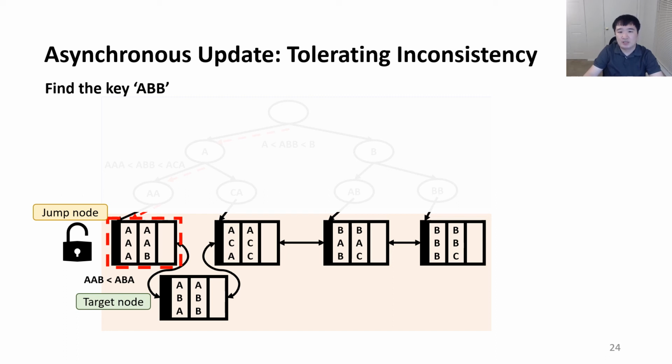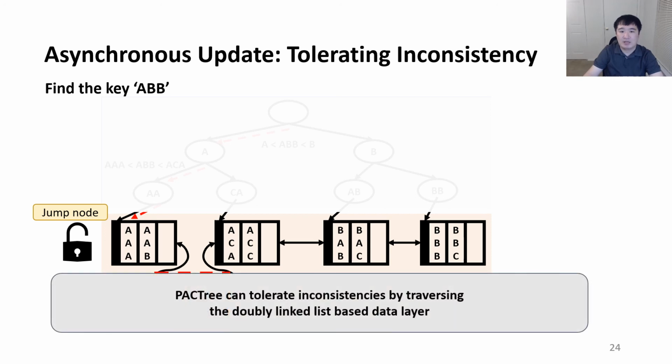PACTree can check if the jump node is the target node. If it is not, it will traverse to the left sibling node or right sibling node to find the correct target node. In this example, it moves to the right sibling node and finds the correct target node. By traversing the data layer, PACTree can tolerate inconsistency during the rebalancing operations.